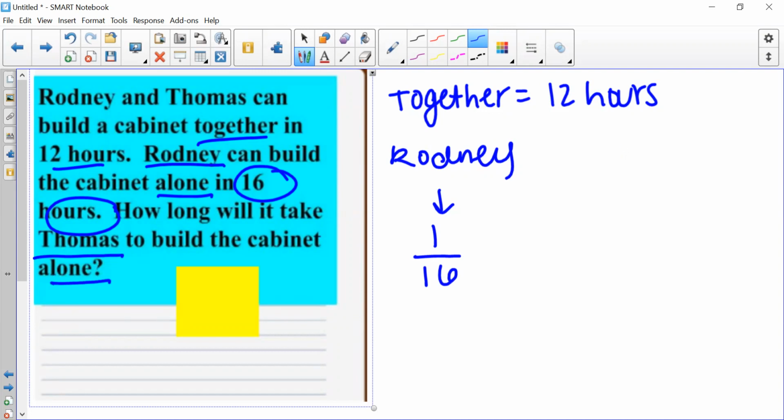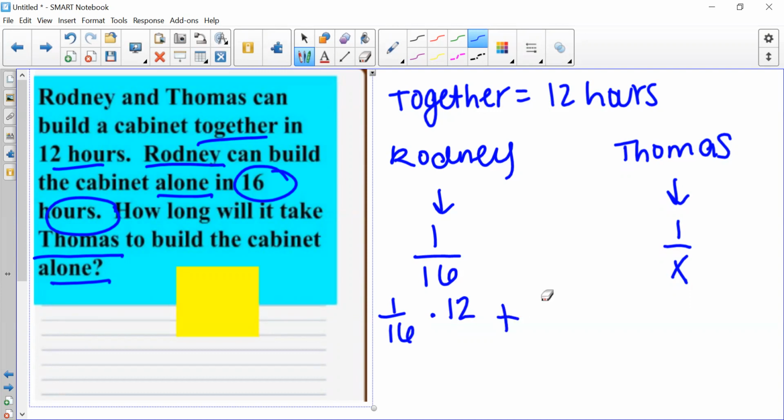So this is like the last problem we did. Thomas, we don't know his rate, but he can build 1 cabinet in X amount of hours. So set it up like we've been setting it up. We take the rate and we times it by the together time plus rate of Thomas times the together time, and they equal 1 job.